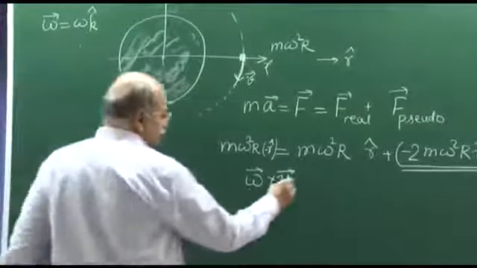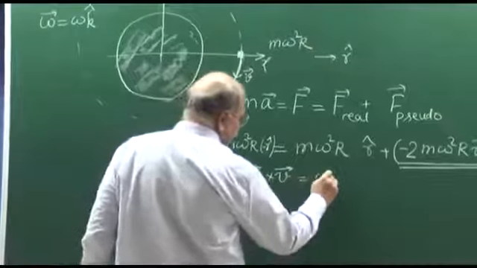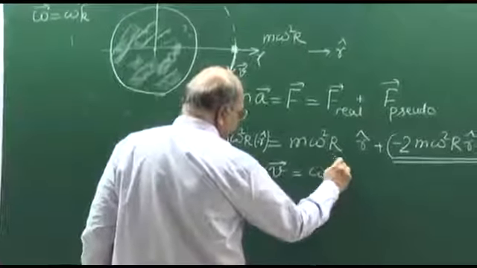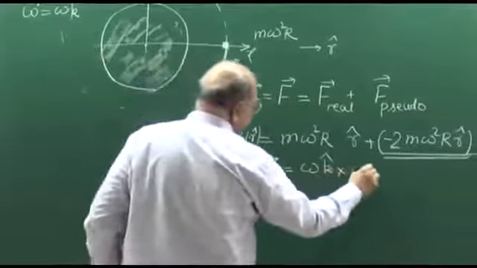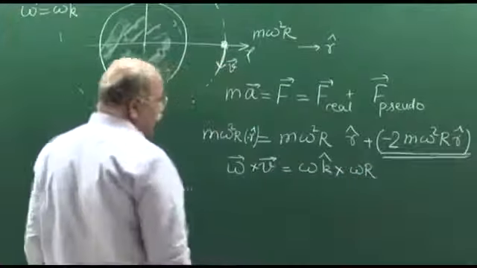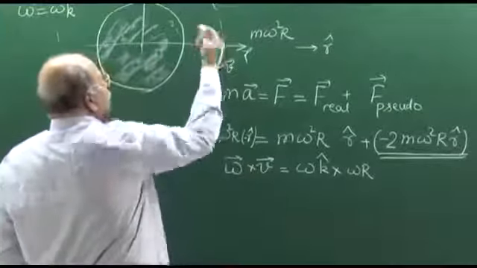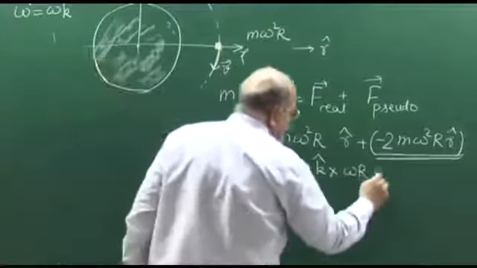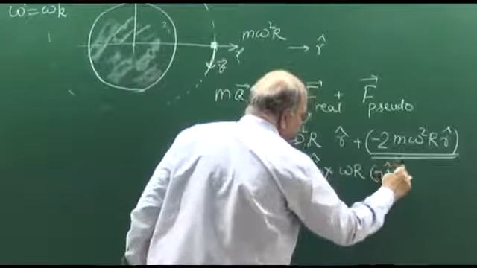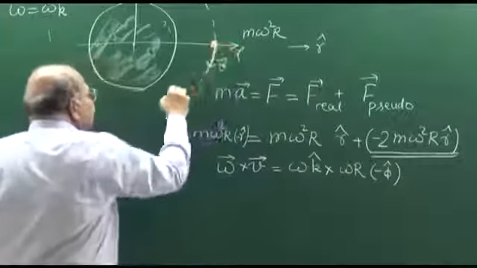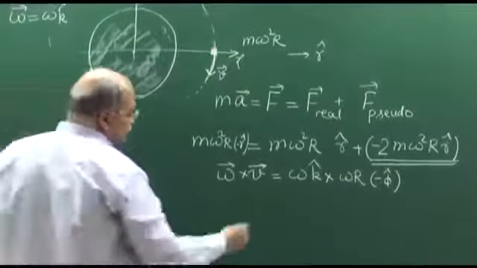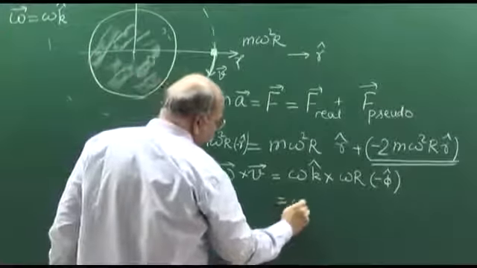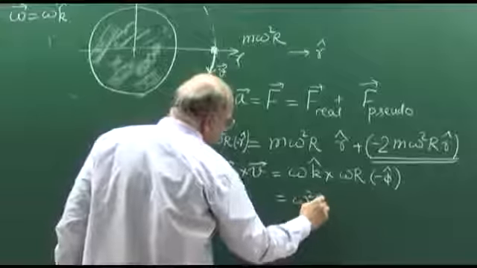So, omega is in z direction, so you can write this as omega k cap, and velocity is v, which is omega times r, and that is in minus phi cap direction. This is plus phi cap direction and this is minus phi cap direction, and this is omega square into r.